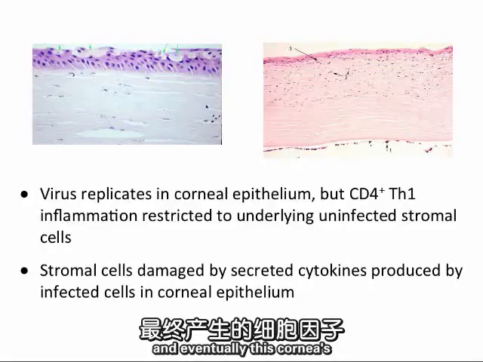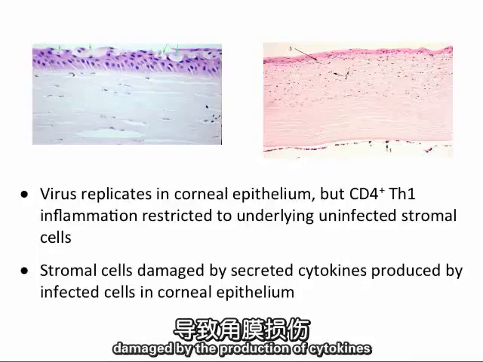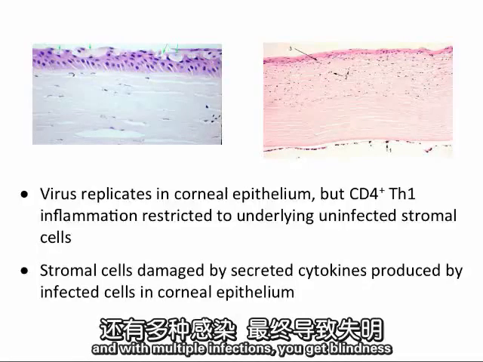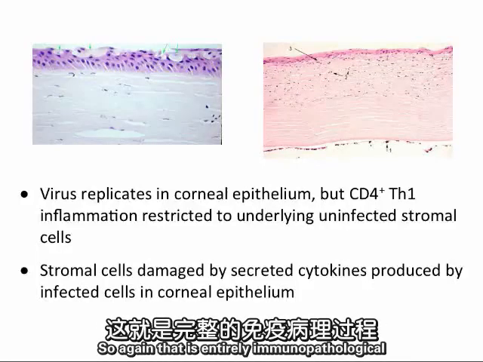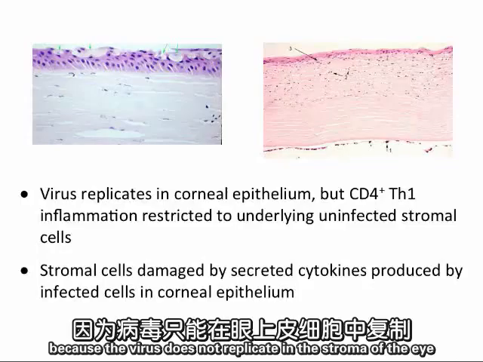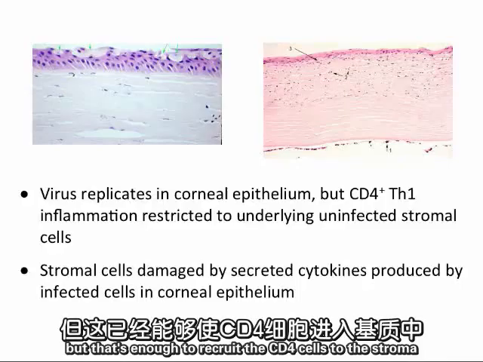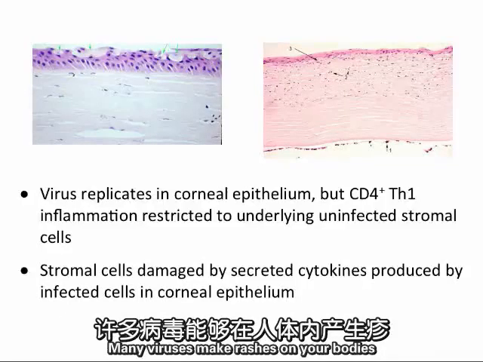And eventually, this cornea is damaged by the production of cytokines, the recruitment of various inflammatory cells, and with multiple infections, you get blindness. So again, that's entirely immunopathological, because the virus does not replicate in the stroma of the eye. It only replicates in the epithelium, but that's enough to recruit the CD4 cells to the stroma.